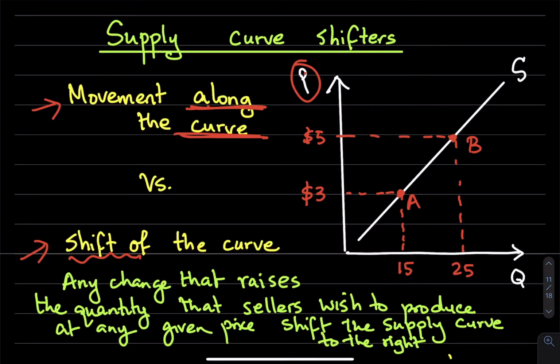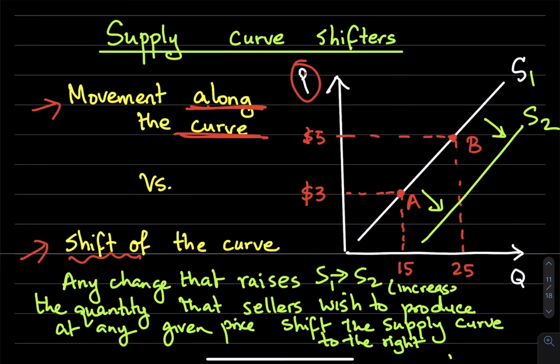Any shift like this from S, let's call this S1, to S2, is an increase in supply. You can also see this by looking at the price point of $5.